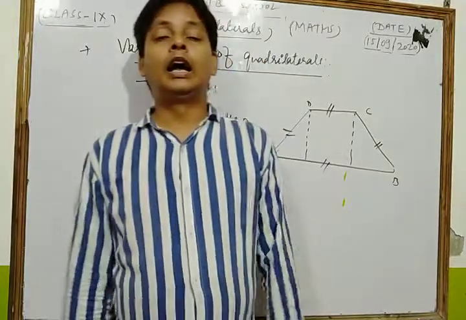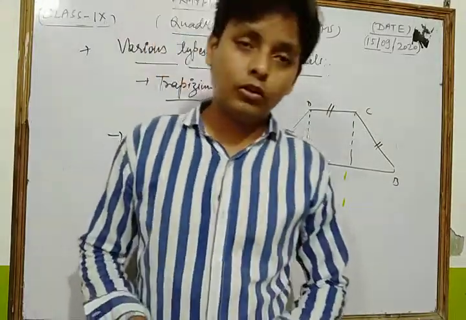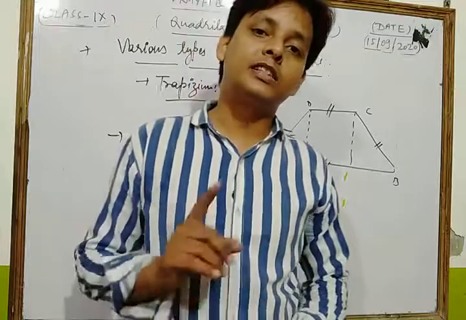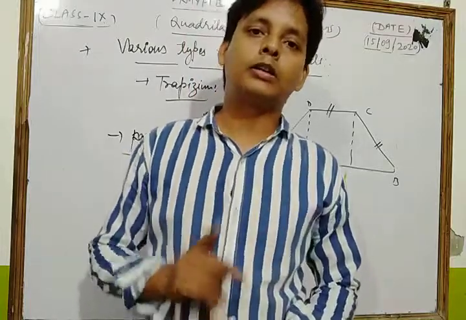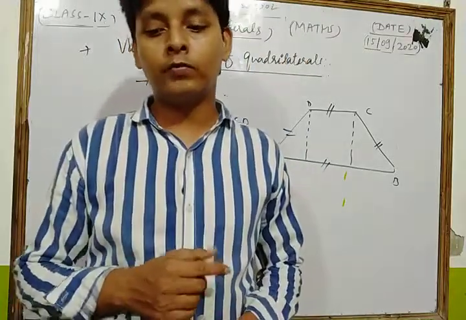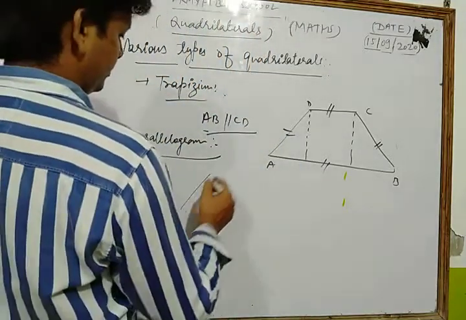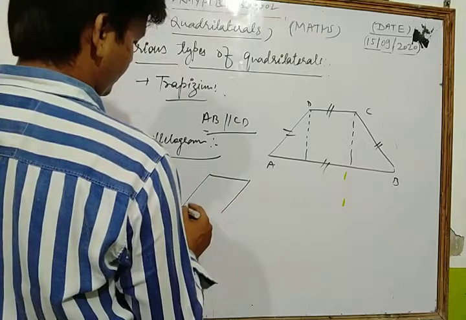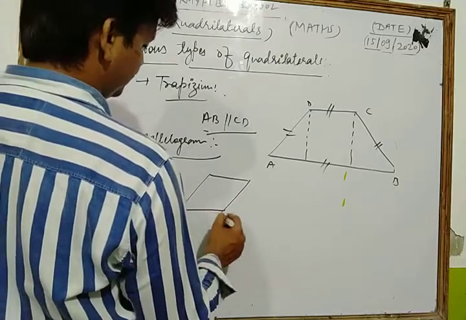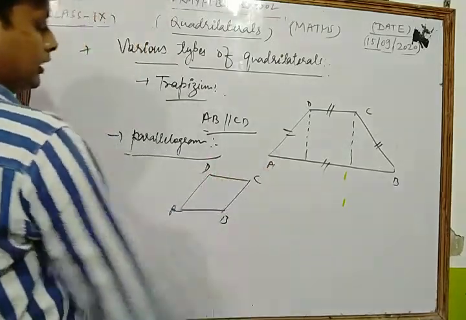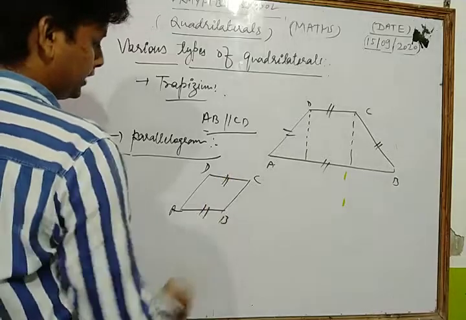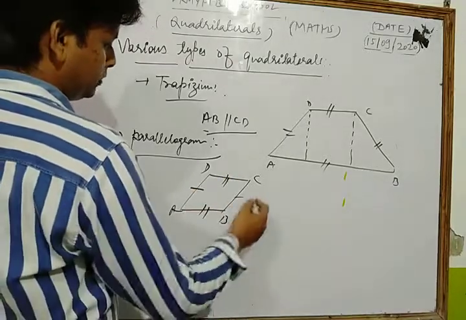Yes, friends, a quadrilateral is said to be a parallelogram if both pairs of opposite sides are parallel. Suppose that here ABCD is a quadrilateral in which AB is parallel to CD and AD is parallel to BC.